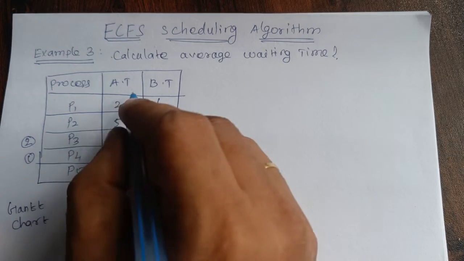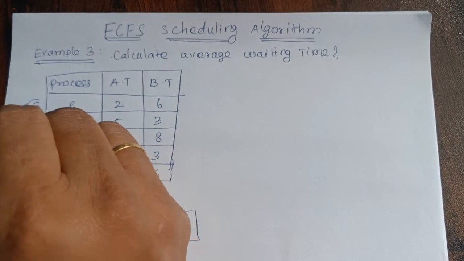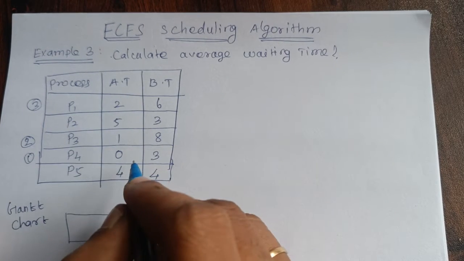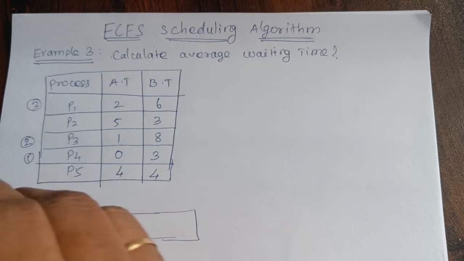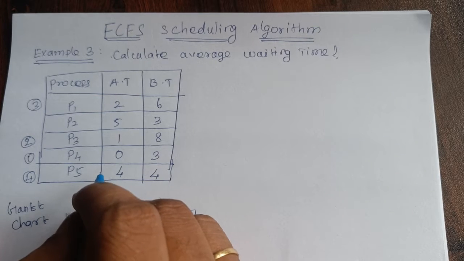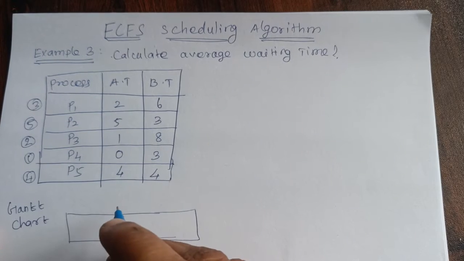The next minimum arrival time is 2, so this is third. The next is 4, the fourth position. The next is 5, the fifth position.